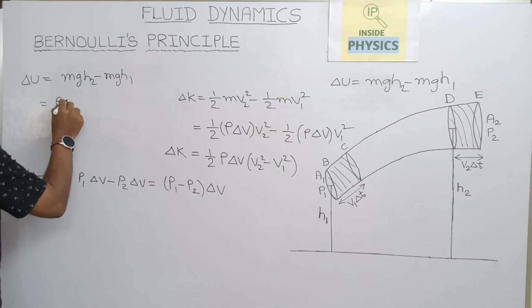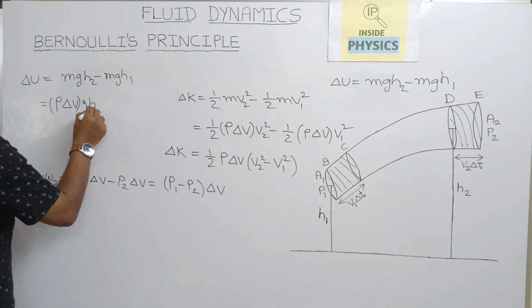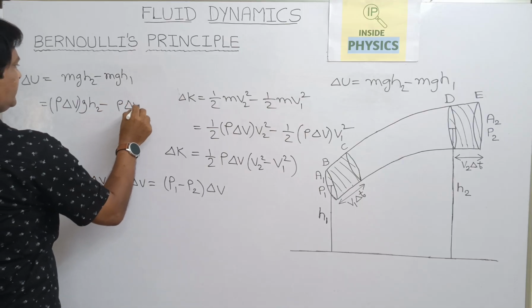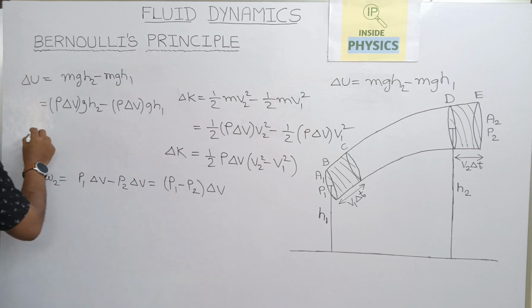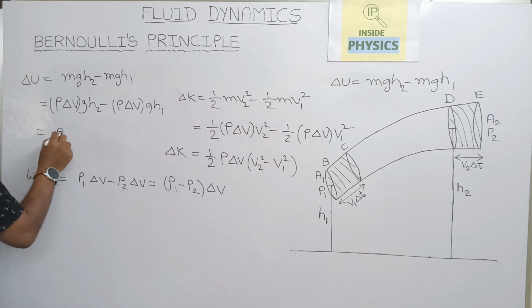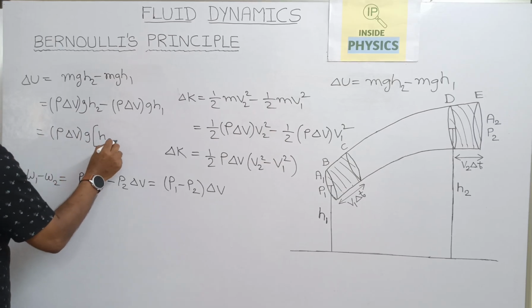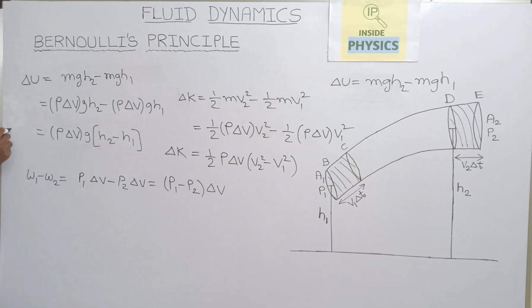Already we have written that as rho delta V into g h2 minus rho delta V into g h1. If you take the common factor rho delta V into g, we get h2 minus h1. This is nothing but the change in potential energy.